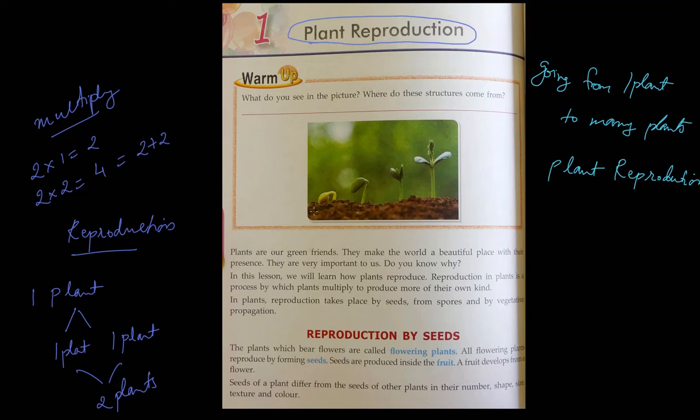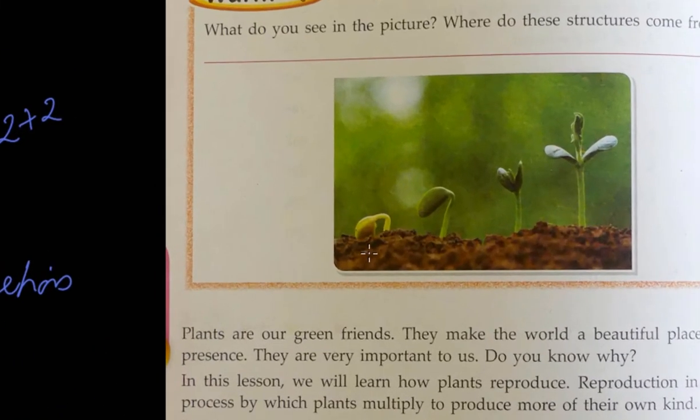So now let's see what's given in the picture. See, here you have a small seed. The small seed is coming up, it's growing up, giving 2 leaves, then again shooting up to become a plant. See, it's growing up.